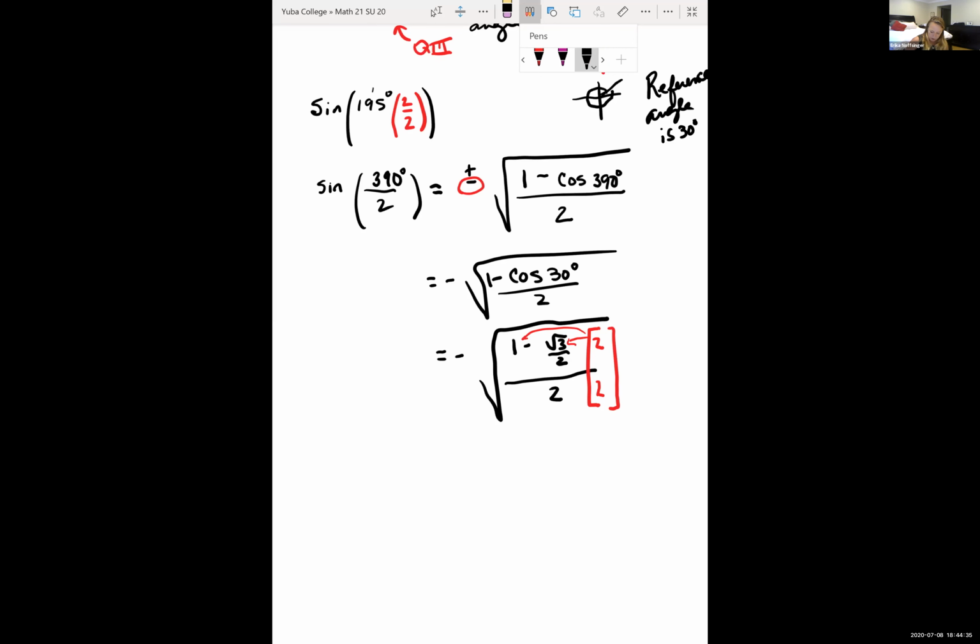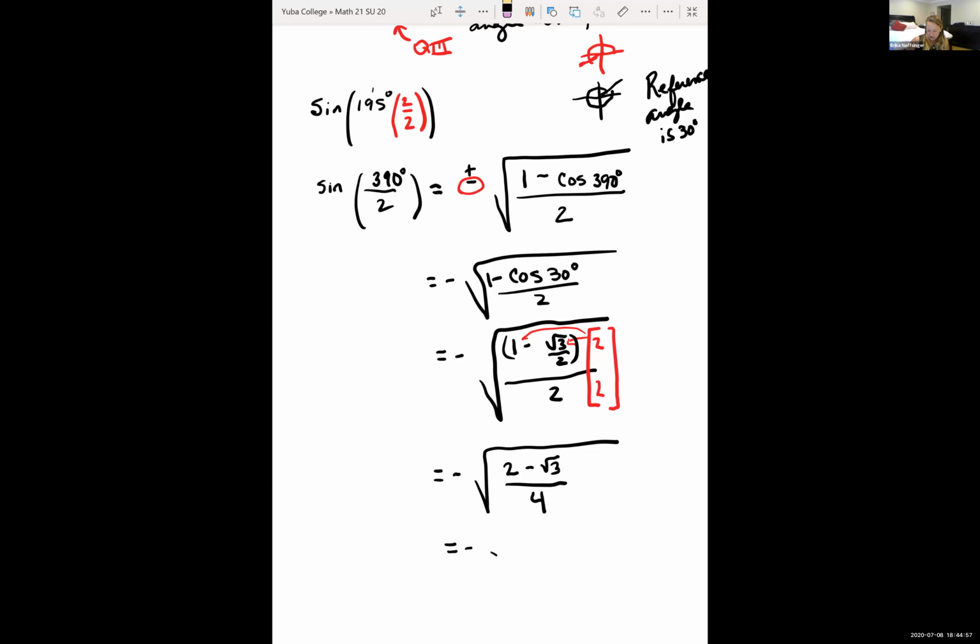This is equal to negative square root. Well, 2 times this 1 up here is 2. The whole point of doing this was so that our fraction would go away. So that gives us minus root 3 all over our denominator. 2 times 2 is 4.